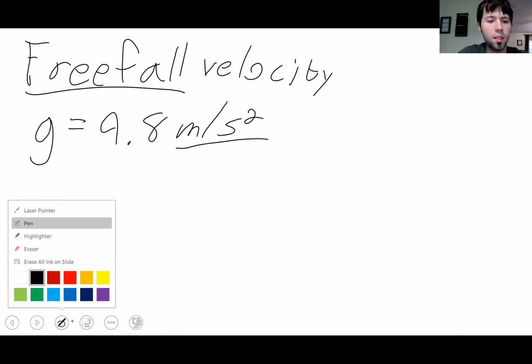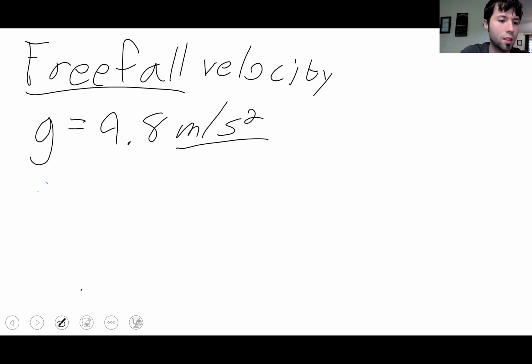So how do we calculate the velocity of something that's falling? Well, we have our acceleration formula. Acceleration equals the change in velocity divided by the change in time. And so if I know the acceleration and I know the time, I should be able to solve for velocity. To do that, I just multiply by time on both sides.